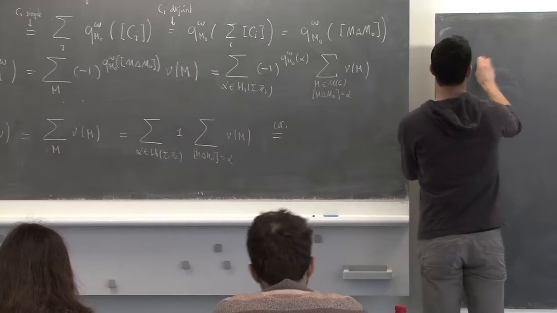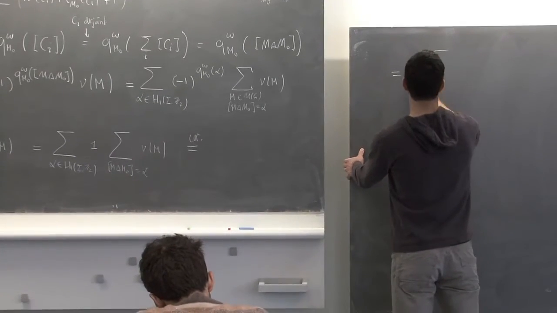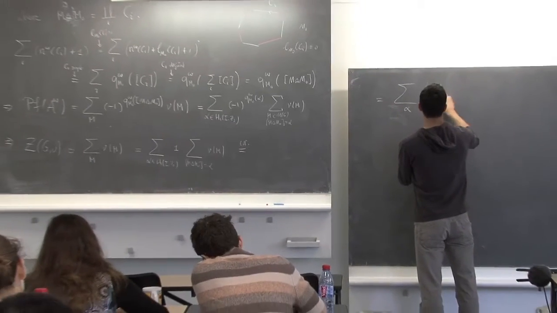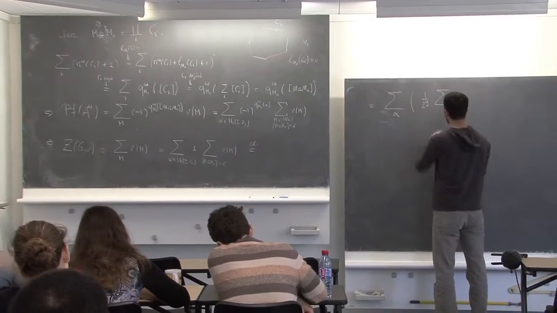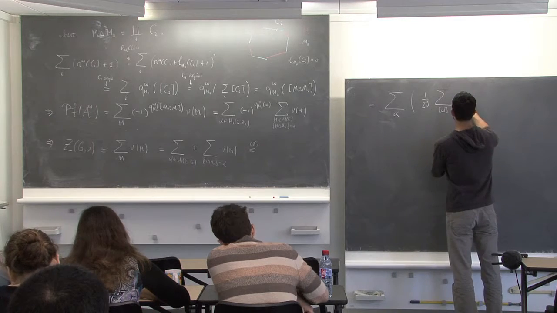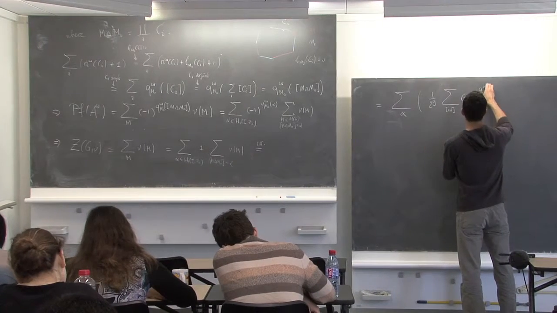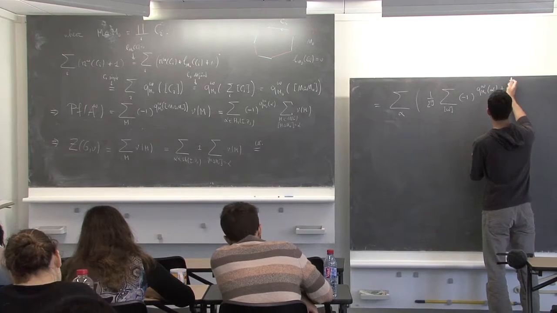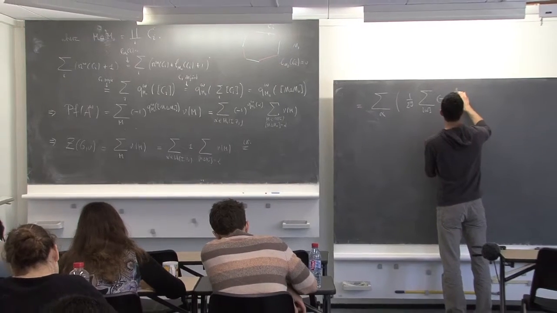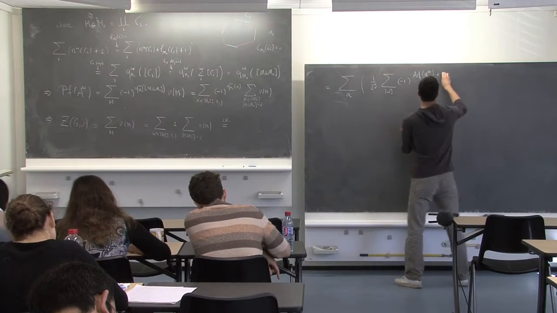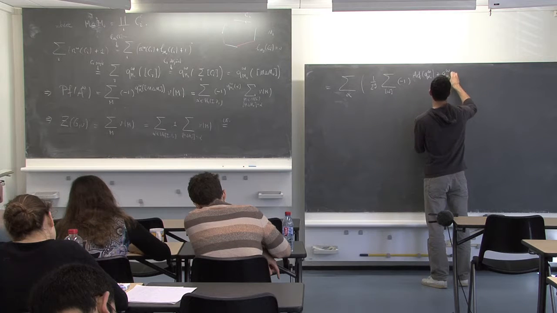The corollary, what do we get? Sum over alpha, 1 over 2 to the g, sum over equivalence classes of Kasteleyn orientations, -1 to the Q omega M0 of alpha plus the Arf invariant, Q omega M0 plus Q omega M0 of alpha.